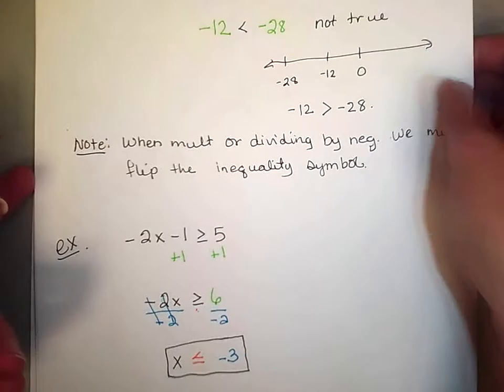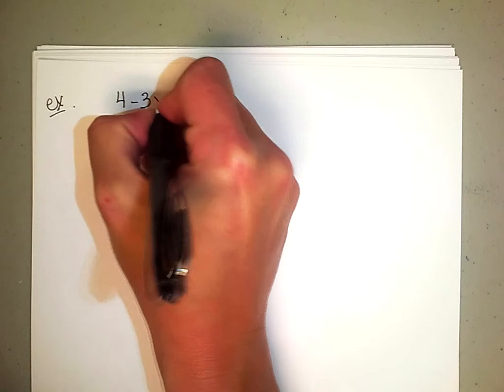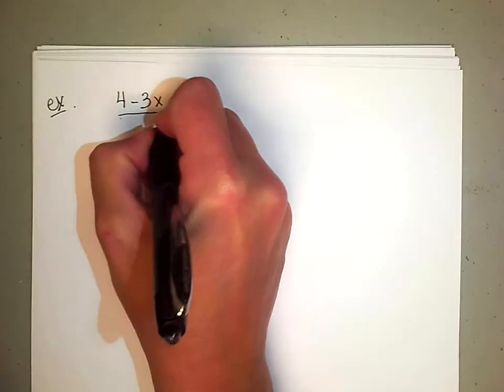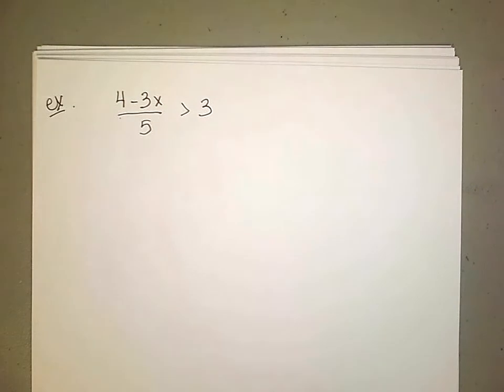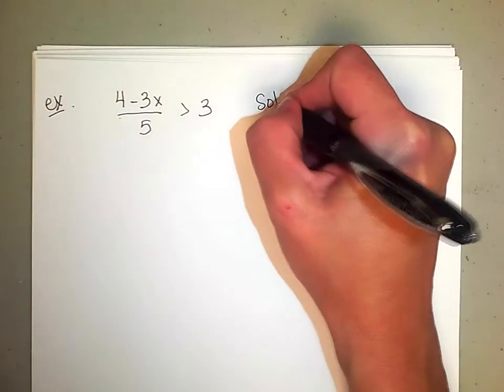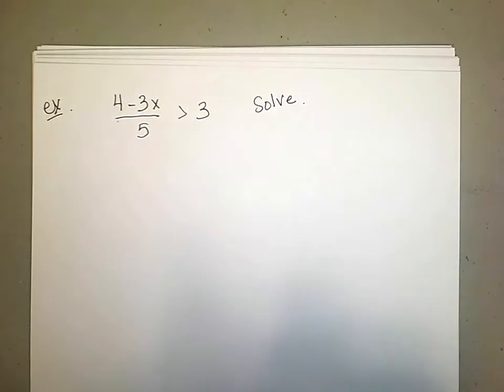Let's try another example. We have 4 minus 3x, let's divide that entire thing by 5, and say that that's greater than or equal to 3. So if we needed to solve, again, we want to undo what's happening to x.